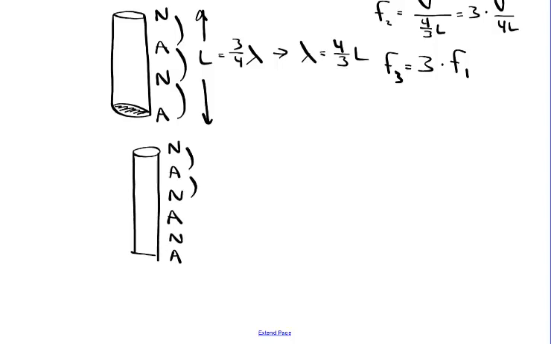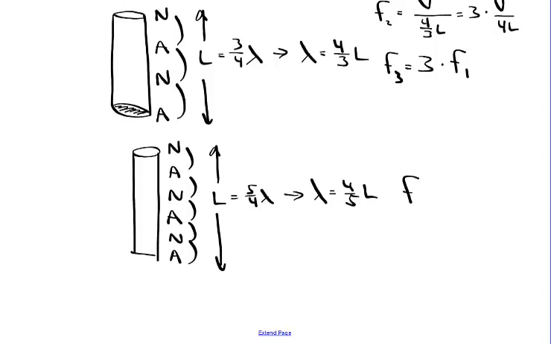And now we have 1, 2, 3, 4, 5 of these intervals, which means the length of this pipe is 5/4 the wavelength, which makes the wavelength 4/5 of the length of the pipe, which again, if we plug that in, knowing that this next F, and I'm going to leave the number out, is the speed over 4/5 the length, this will simplify into 5 times v over 4L, and v over 4L again is F1, so F equals 5 times F1, and I'm going to call this F5.